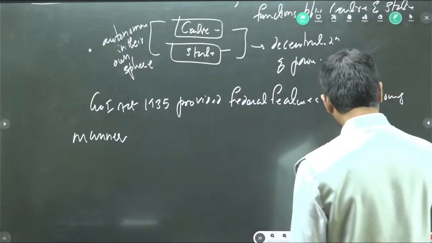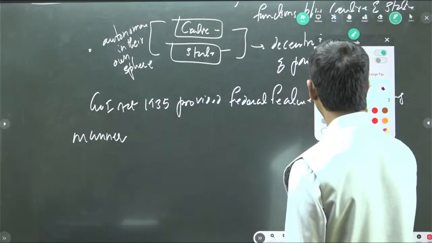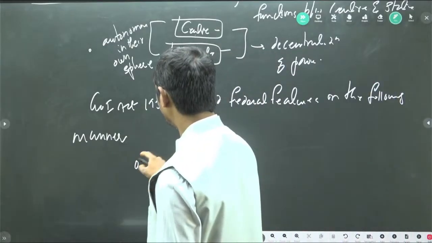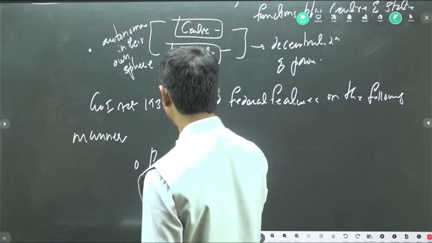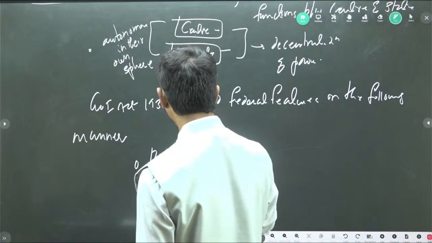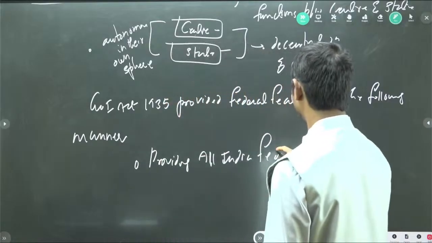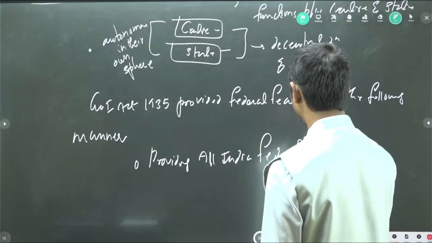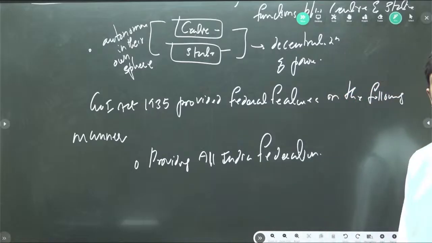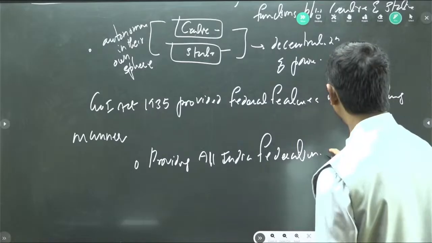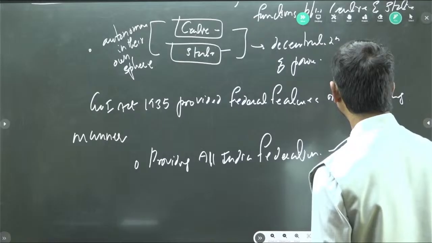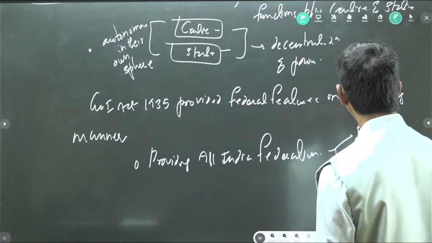First one, by providing an All India Federation, which includes both princely states as well as British provinces.